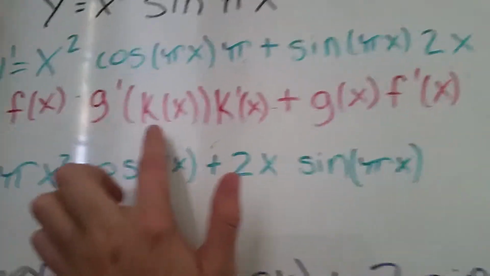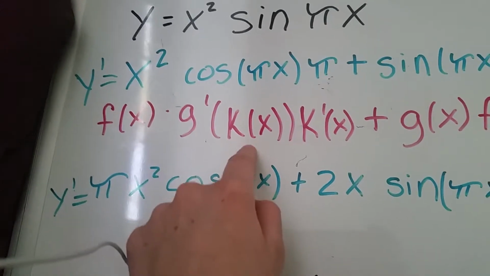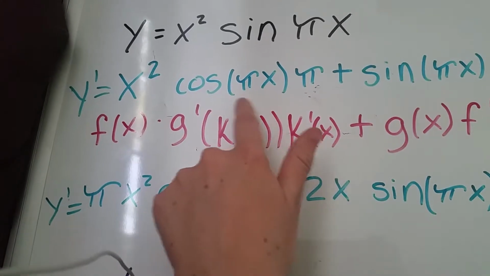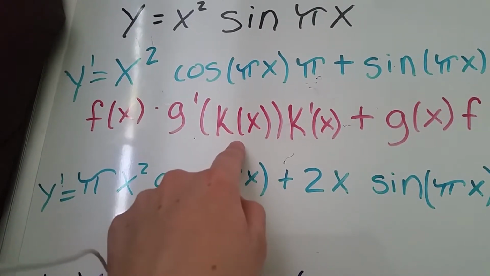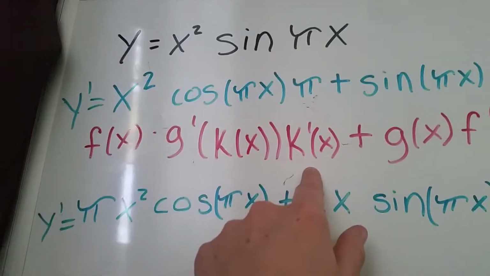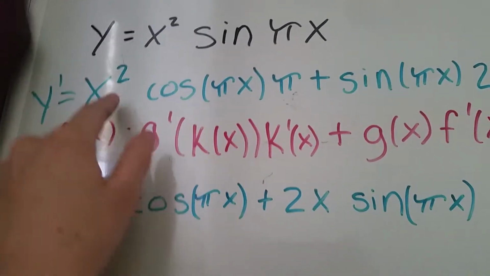However, we need to come back to this because in order to find the derivative of the second function, you have to set what's inside the parentheses equal to k of x, and then take the derivative of that to continue forward.